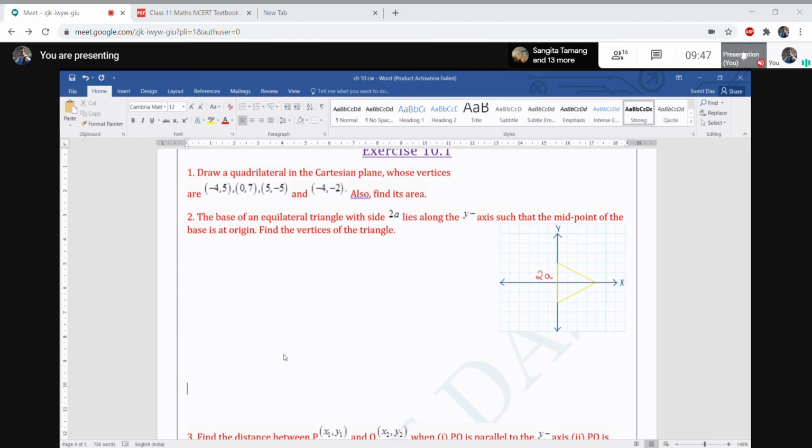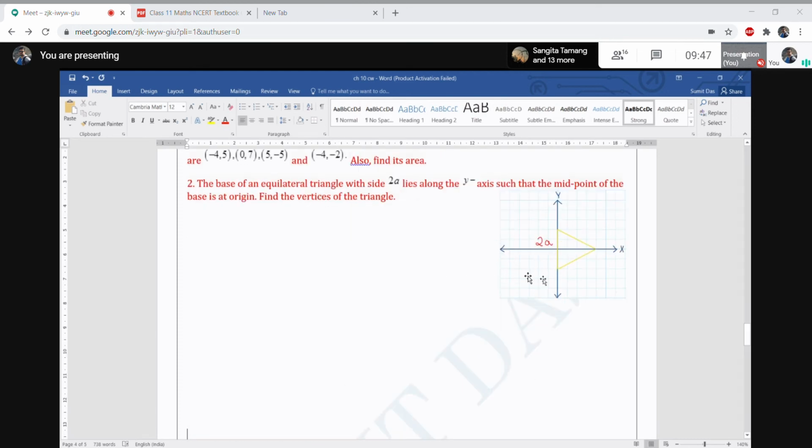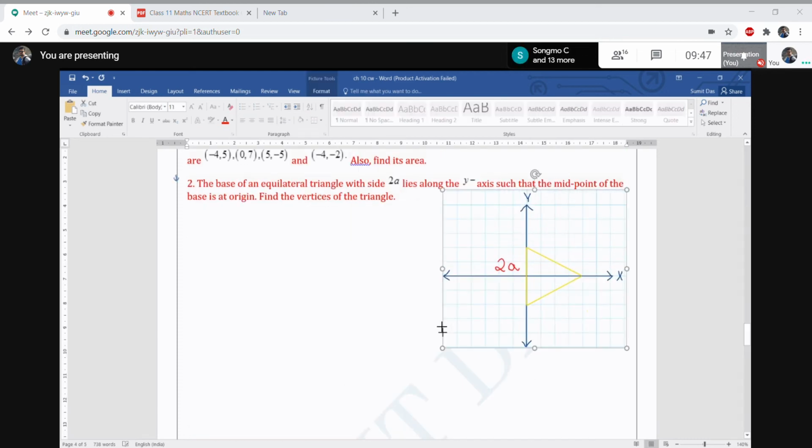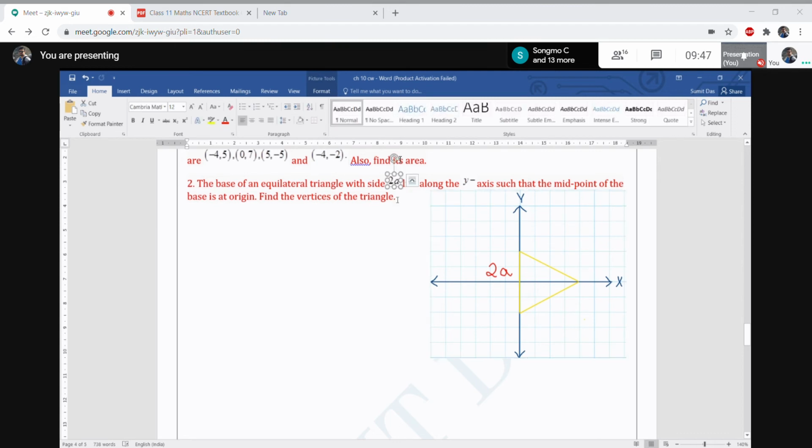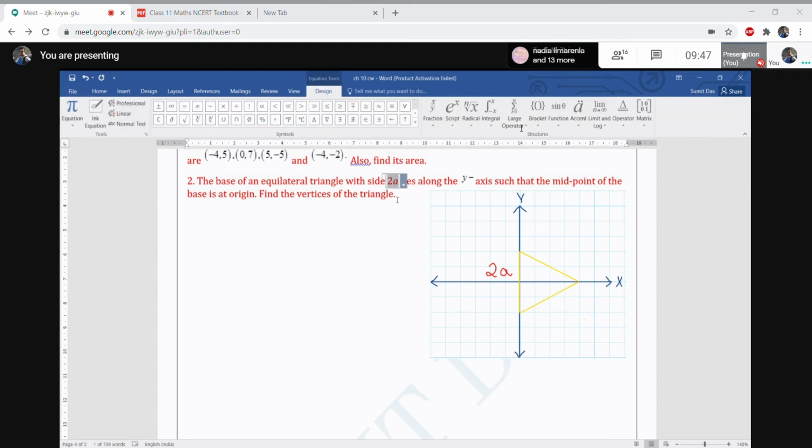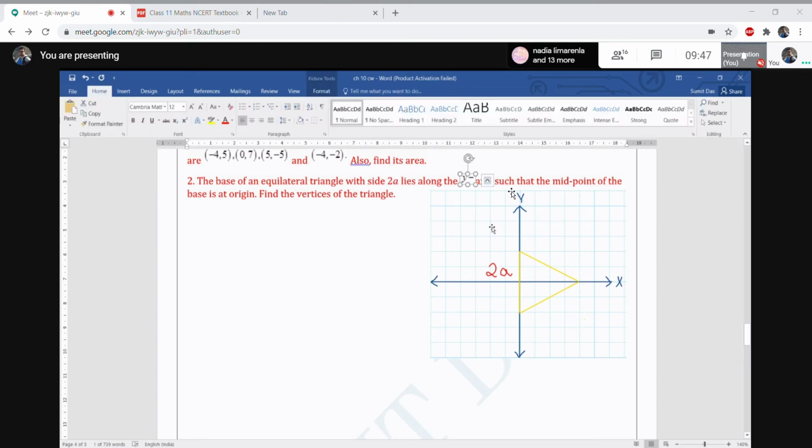So it's saying the base of this is 2a along the y-axis. This is a triangle, and the midpoint of the base is the origin. You can see the midpoint is at the origin.